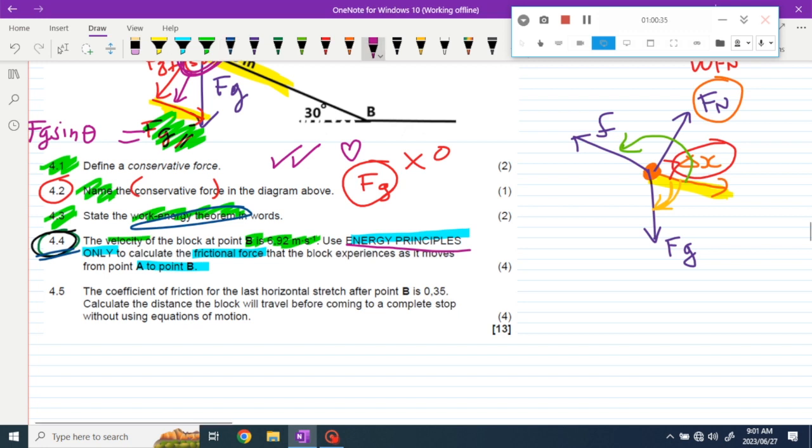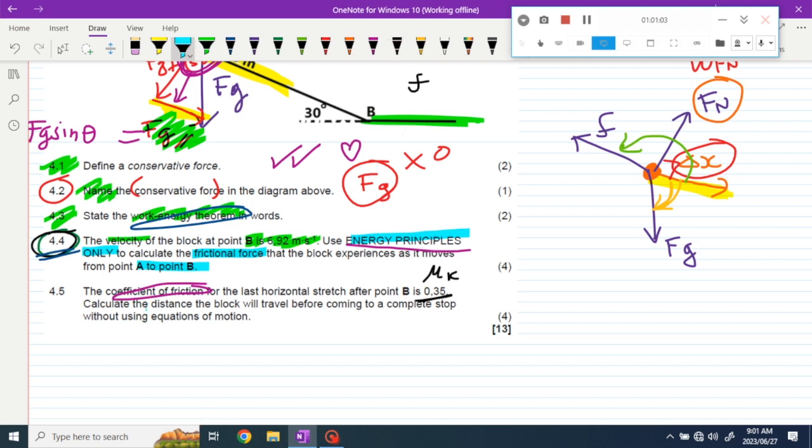So the next question says the coefficient of friction for the last horizontal stretch. So now we are moving over here. It's important that you read and that you're able to comprehend what you're reading. They say when we move over here, there's going to be friction. And the coefficient of the friction, not the friction, but the coefficient, make sure that you read carefully, is going to be 0.35.